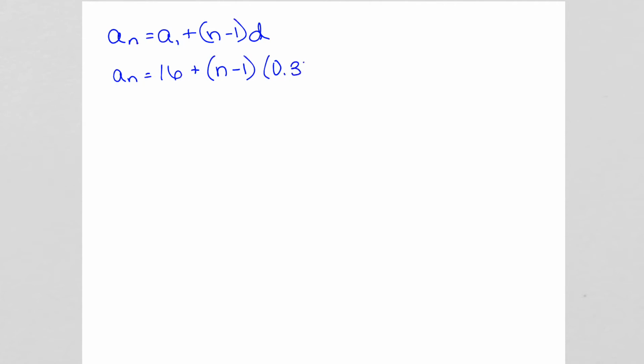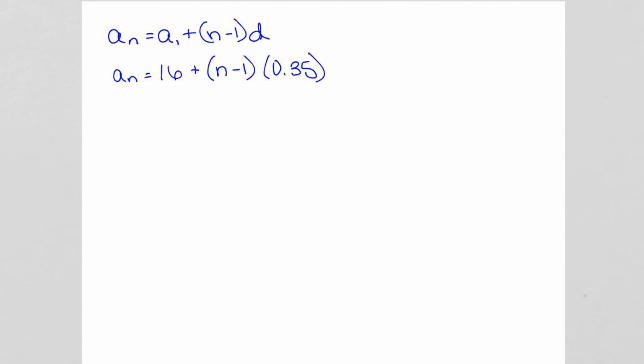So, back to our formula. We know that a sub 1 is 16. We don't know n minus 1, but we know that the difference is 0.35%.